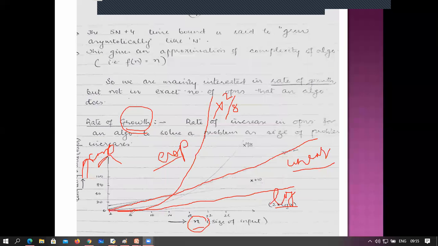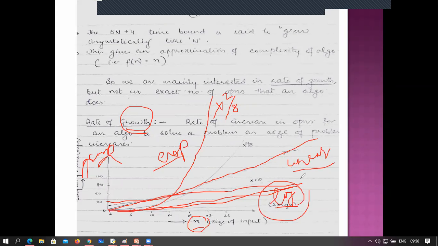So you can see over here that this line is having the least complexity, because as you're increasing the value of n, complexity is increasing, but the maximum complexity is only this much. So logarithmic complexity is the least one, then linear one, and then the exponential one.